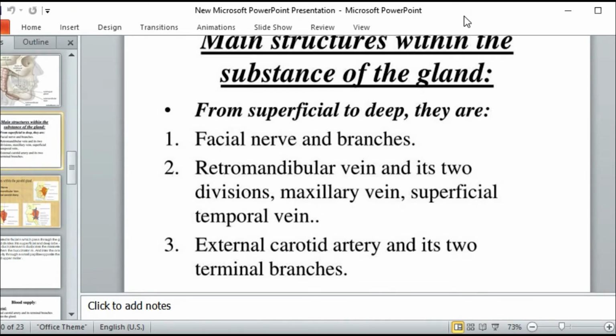Also we have the retromandibular vein and its 2 divisions, maxillary vein and superficial temporal vein. Also the external carotid artery and its 2 terminal branch are passing through the parotid gland.